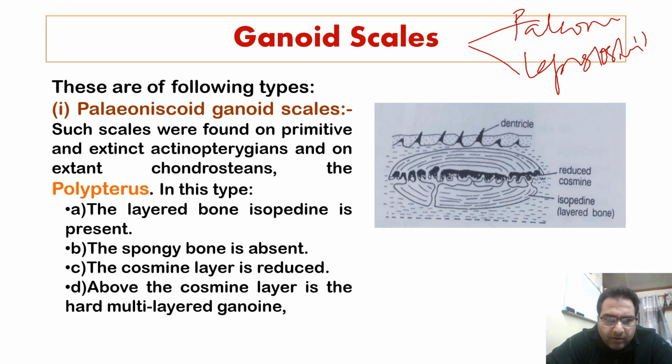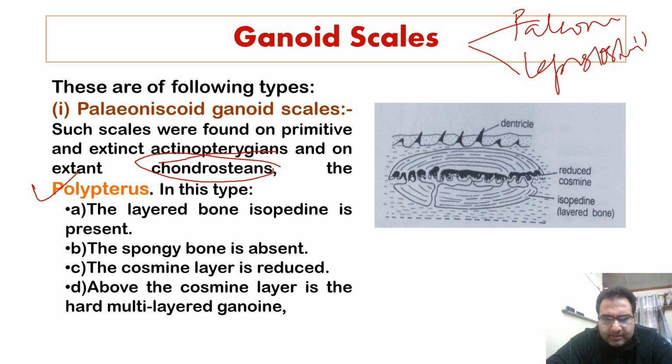So paleoniscoid ganoid scales are found in primitive and extinct actinopterygians, and in living chondrosteans. So the living chondrosteans do have the presence of these very ganoid scales, otherwise they are present in the extinct actinopterygians. And Polypterus also shows this kind of scale.